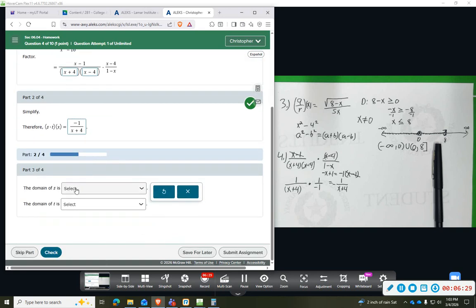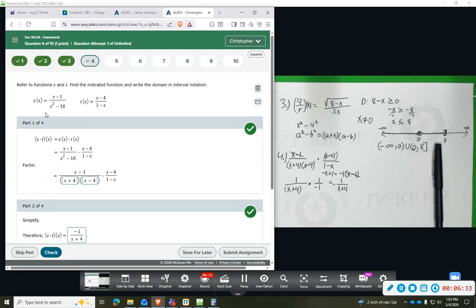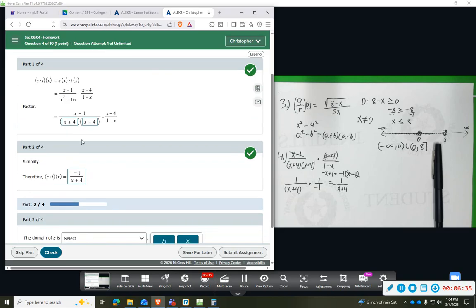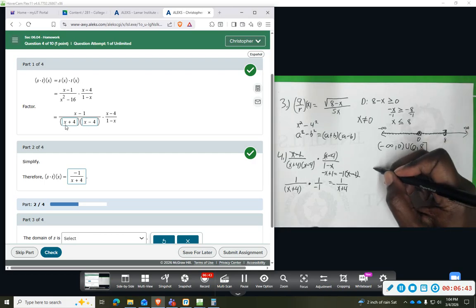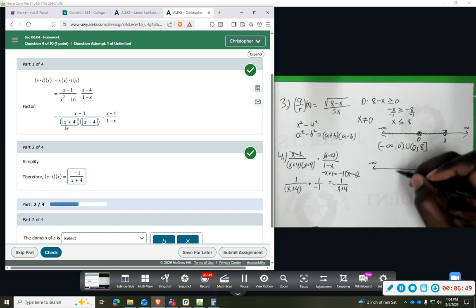All right, and so the domain of S, okay, so the function S, what makes the bottom 0 from the original problem, we cannot use positive or negative 4. So when you think about your domain, again, I always make a number line, so I can put it in interval notation. It helps me to see that.